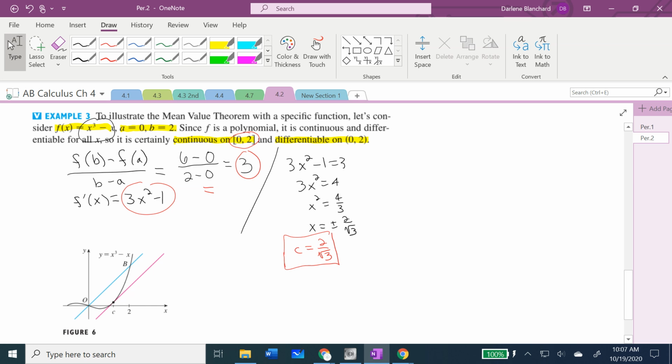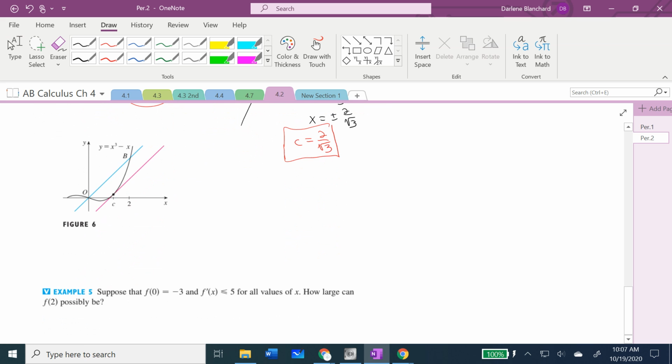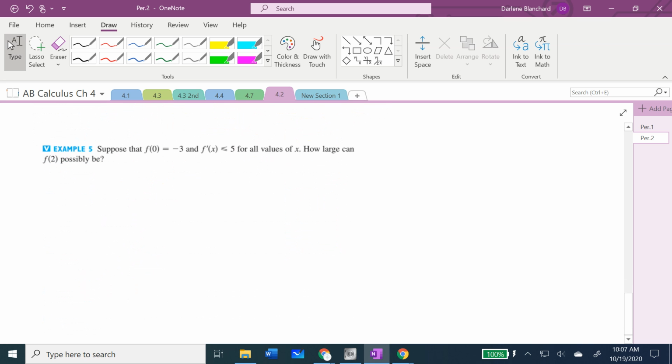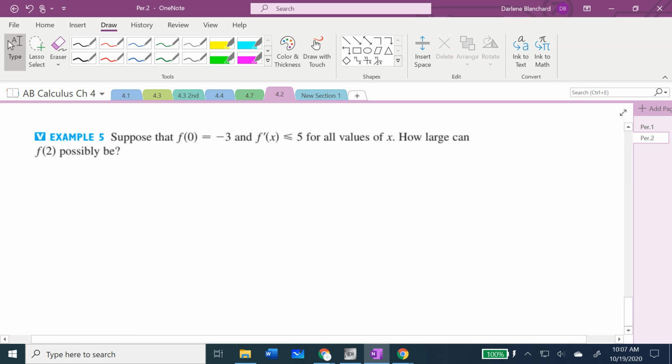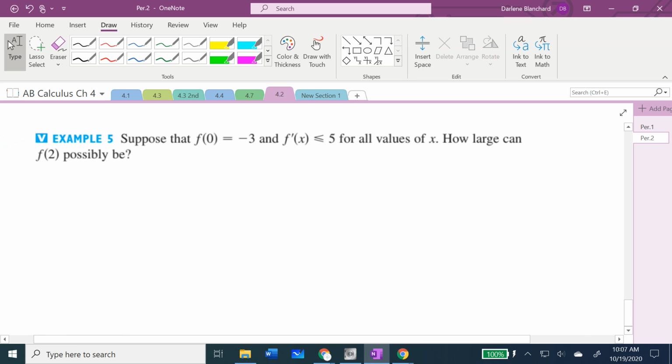And then I've got one more example with mean value theorem. You can also watch this video later if you missed something there, but this is directly out of your textbook as well.